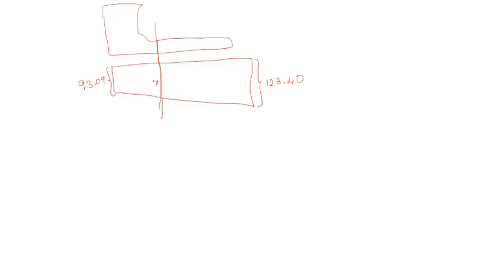So I will divide it into two sections: the upper one will be the rectangle, the bottom one will be the triangle. This is 93, so here also it will be 93. Then 123 minus 93, on minusing we will get 30.31.